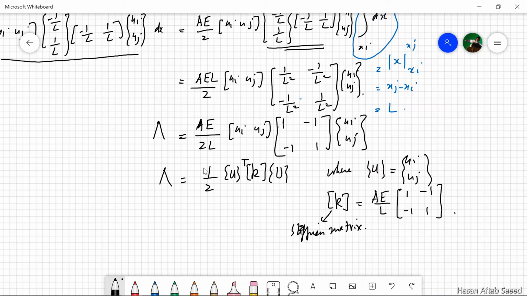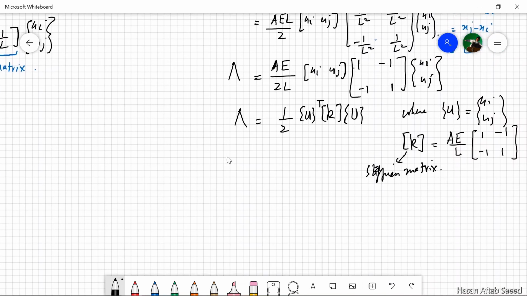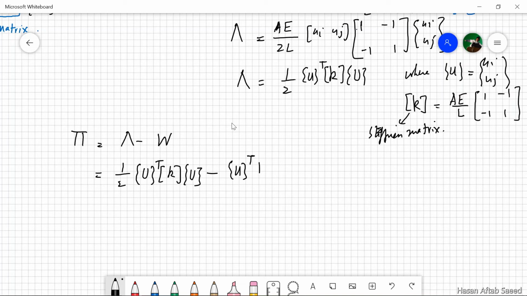Now we have the expressions for lambda as well as the expression for W, so we can write the expression for potential energy, which was nothing but this, and let's write it down. Now this is the expression for the total potential energy.